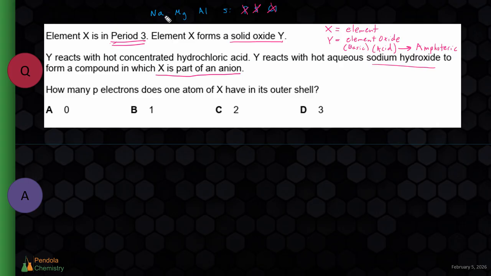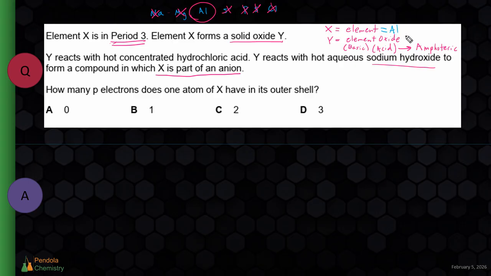The only compound that had an amphoteric oxide was aluminum. Aluminum is the only element that had amphoteric oxides, meaning that element X has to be, and let me actually put this in a different color, element X has to be aluminum.